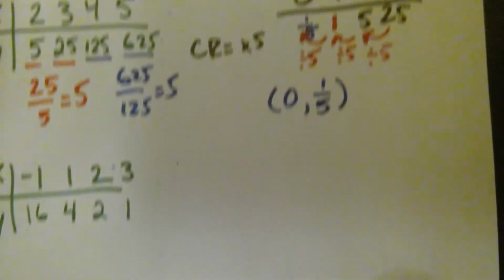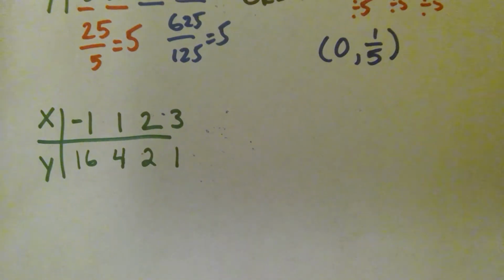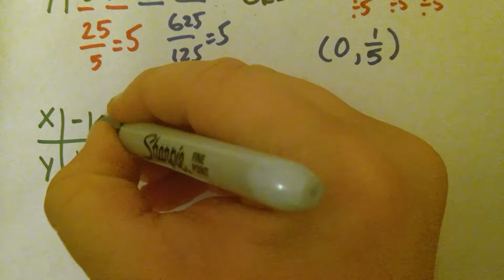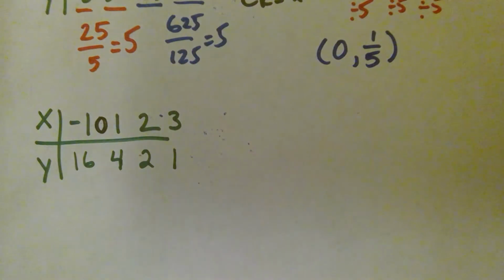We've got one last table we're going to look at. Once again, we don't see 0 in our x values, but I'm just going to stick our 0 right in the middle here, between negative 1 and 1. Let's figure out what our pattern is.